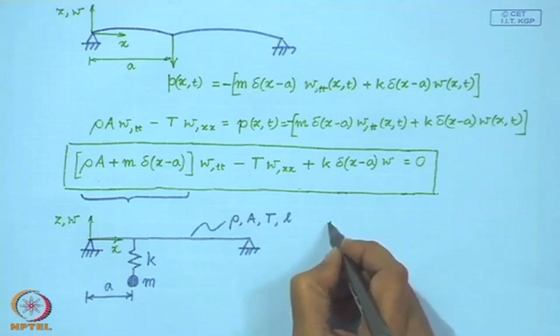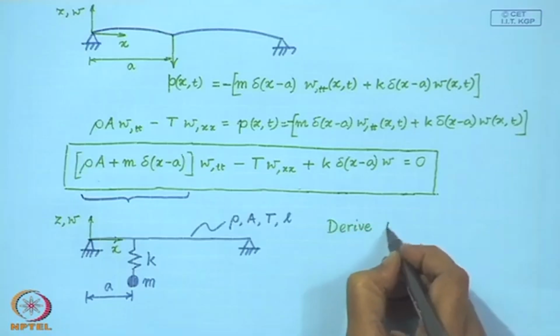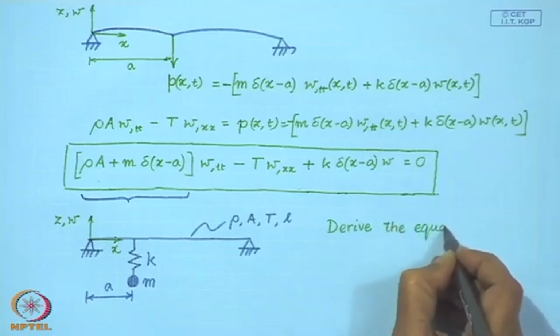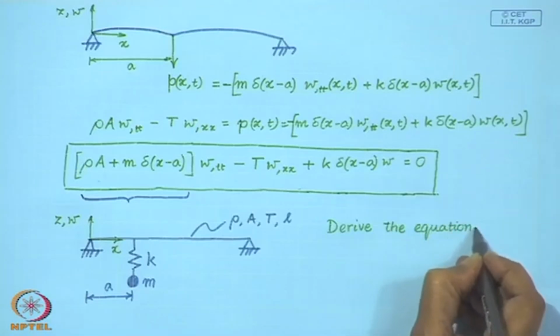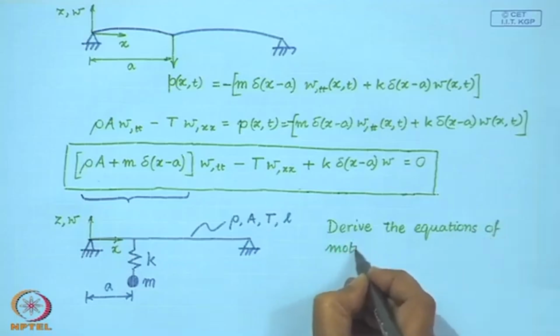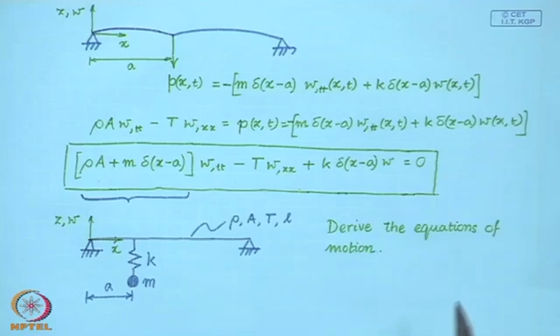So, derive the equations of motion. So, here you have to note that there will be two equations, one for the string, the other for the absorber, because this absorber is now a separate coordinate.